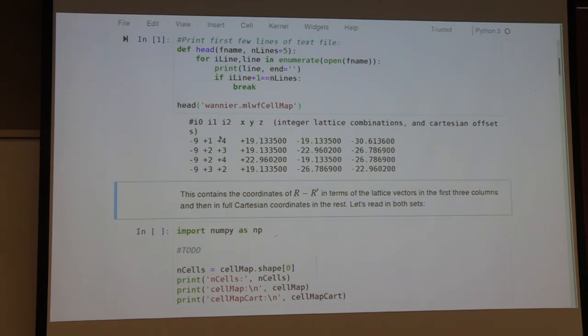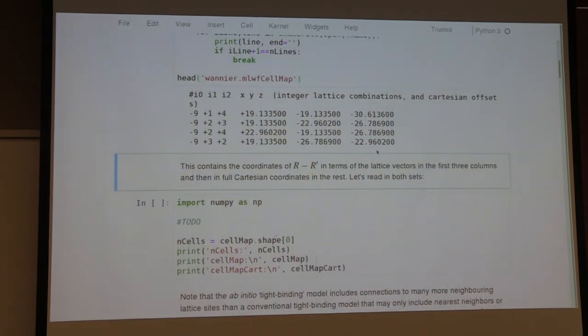Okay, so first what we are going to do is pick up these two data sets separately. So we're going to get an integer data set, which are these integer lattice combinations, and we'll get these floating point numbers, which are the Cartesian offsets. Right? So I will first read in all the data using loadtxt.